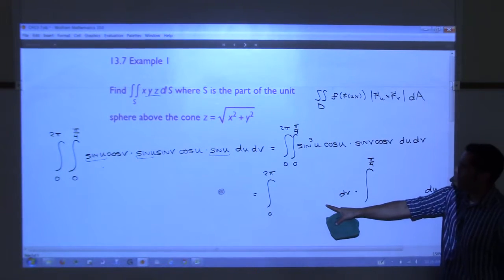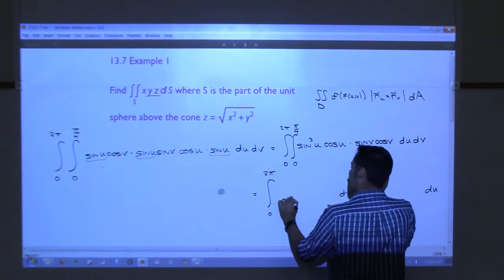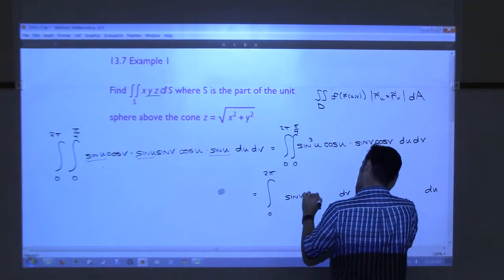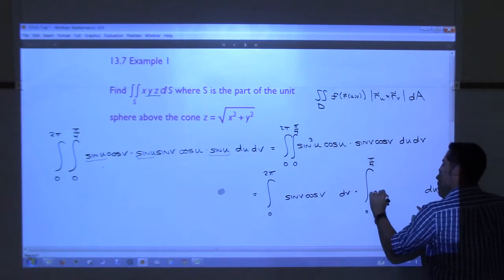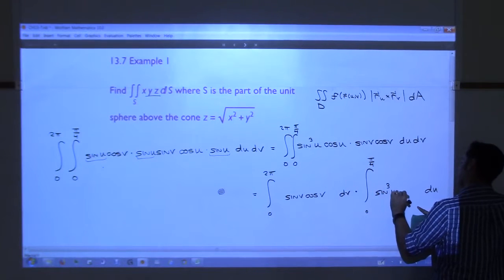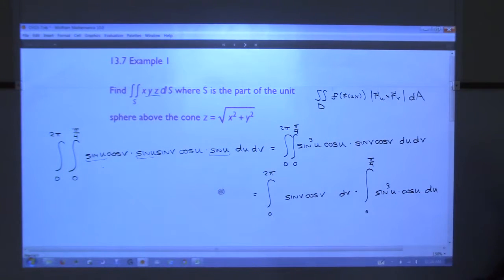And this one will have just my v stuff in it, which is sine v cosine v. And this one right here will have my u stuff in it. We okay with that? Questions?